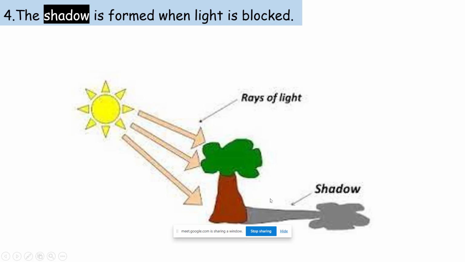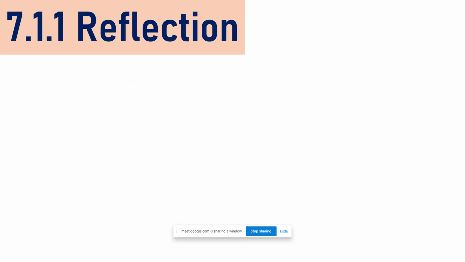It will look like the person, right? Because the shadow is formed when the light is blocked by an item or some object.